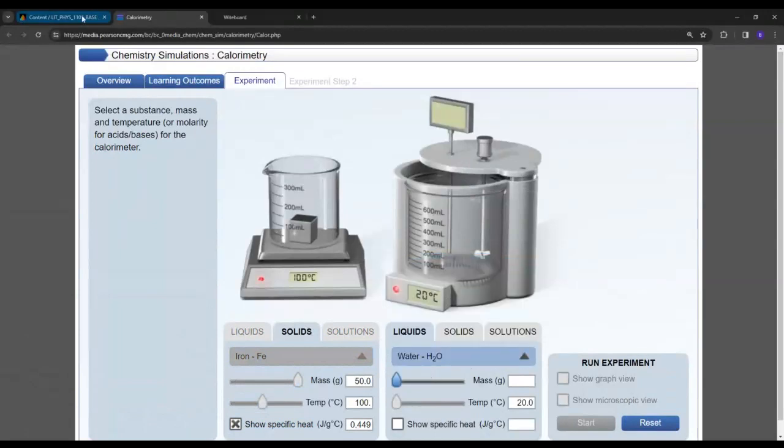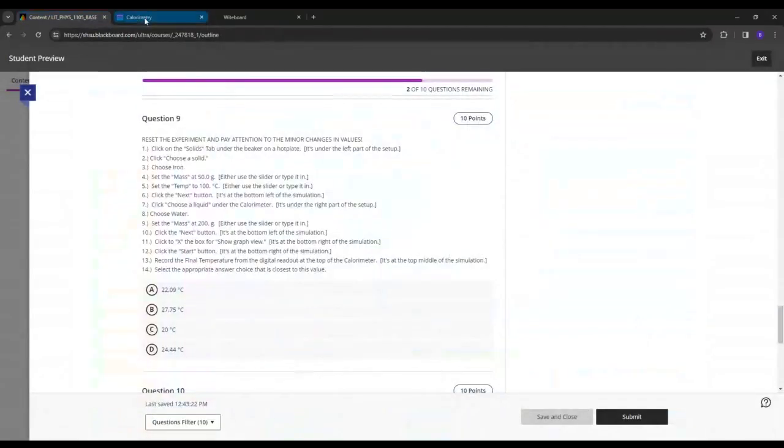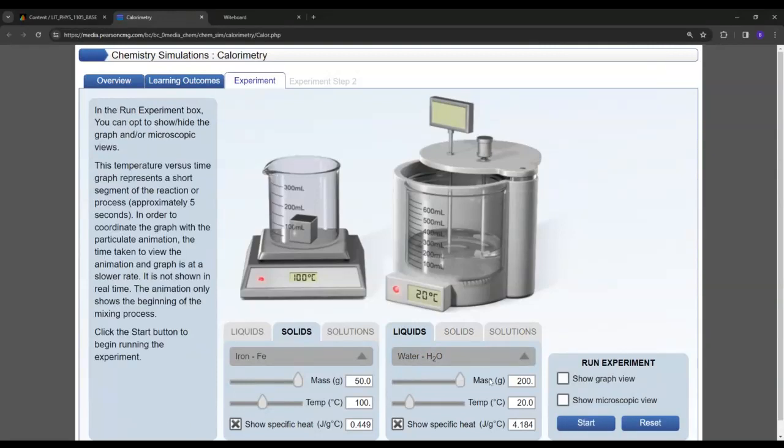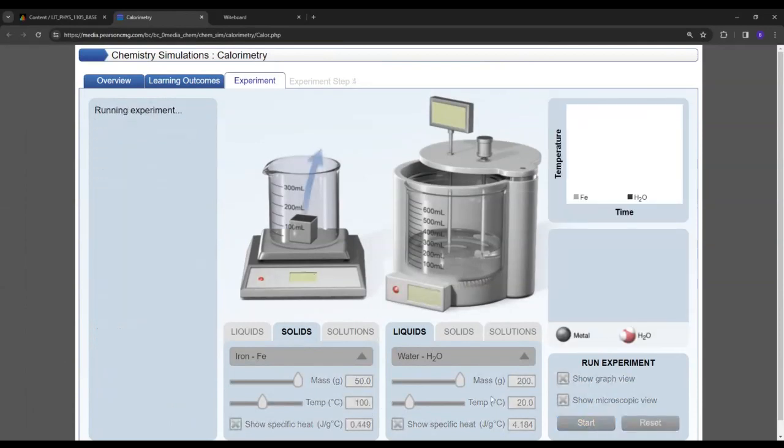Water, it was 200, right? Yeah, 200 grams. We're not allowed to change the temperature, so that's 20. Show the specific heat because we can. Okay, so notice we have a lot more water, same temperatures as we had in the initial run of this. Let's show the graphs and let it go.